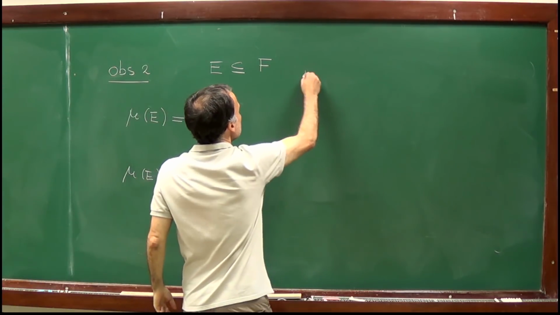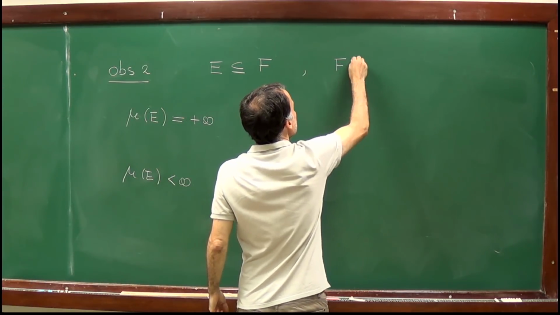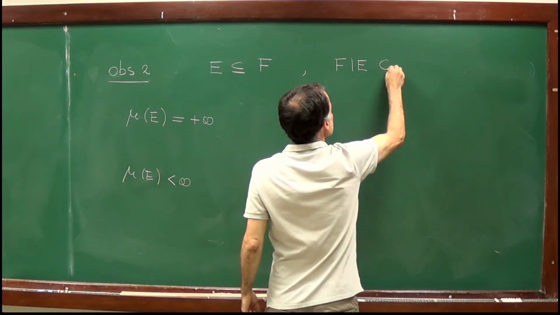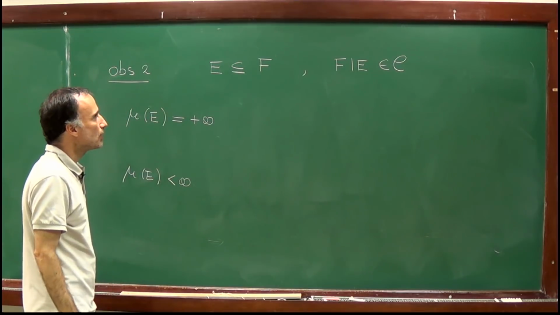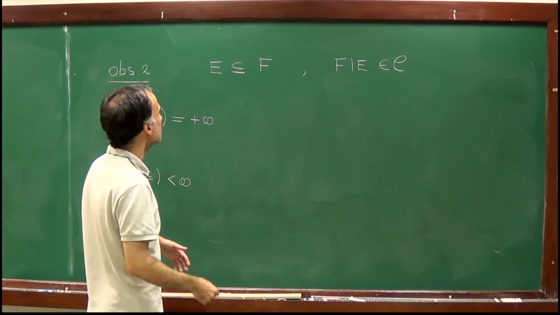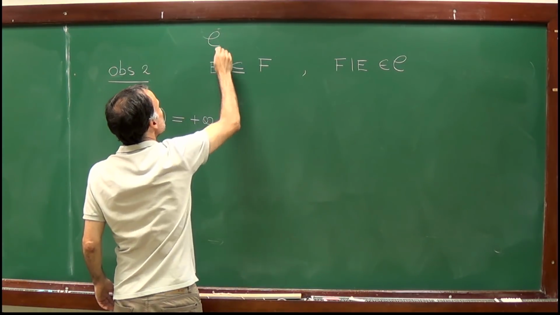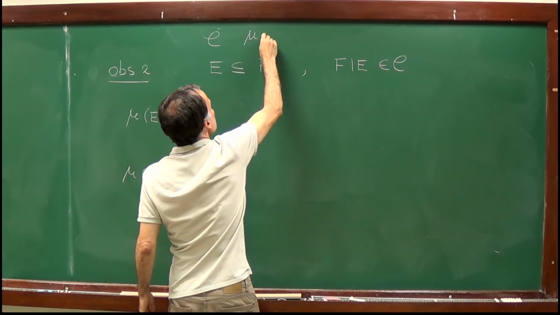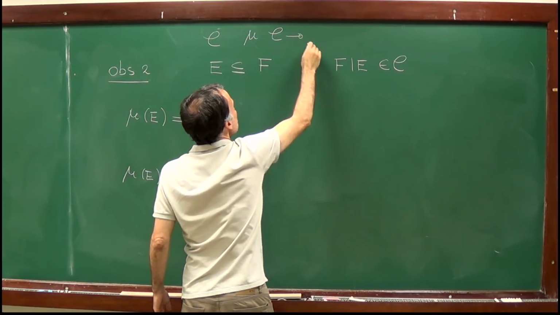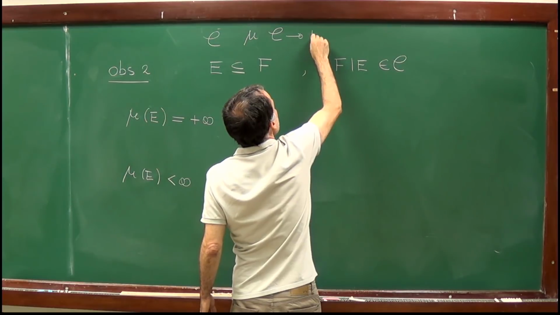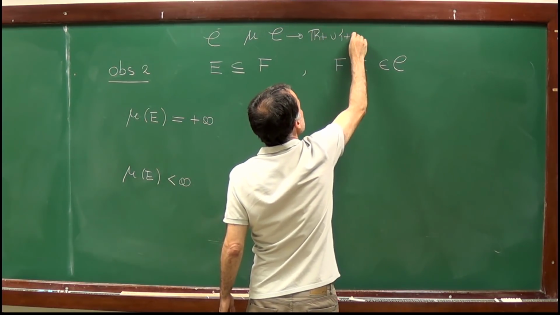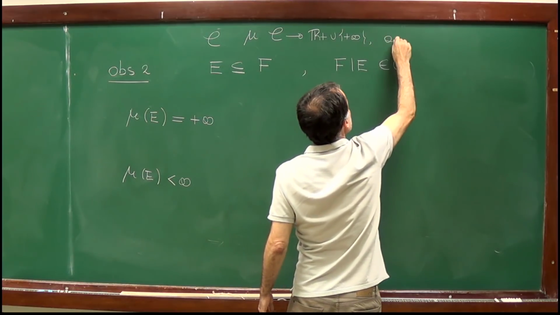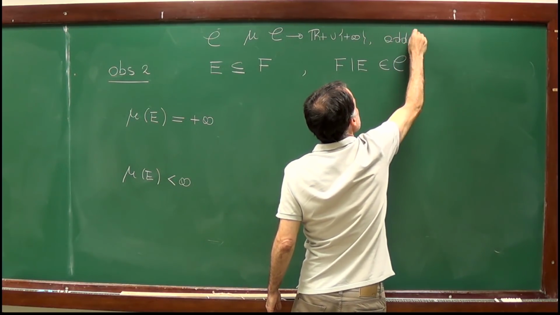If we assume that F minus E belongs to C. So I'm here assuming that we have a class C, and we have mu, which is defined on this class C, taking values in R plus union plus infinity, and that it's additive. Right?